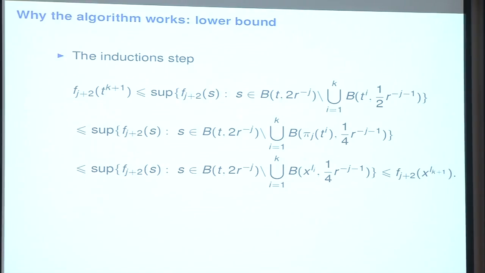So if we remove balls of this radius, but around the x_{l_i}'s in the right order, okay? Because otherwise we just missed one of them, and if we miss one of them, we just put here this as the upper bound of this.